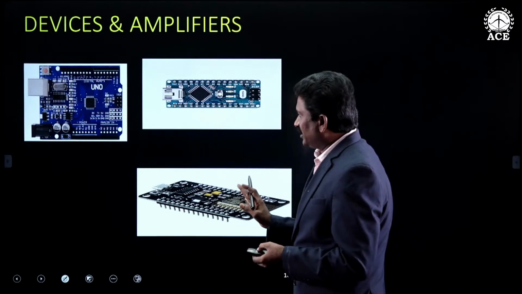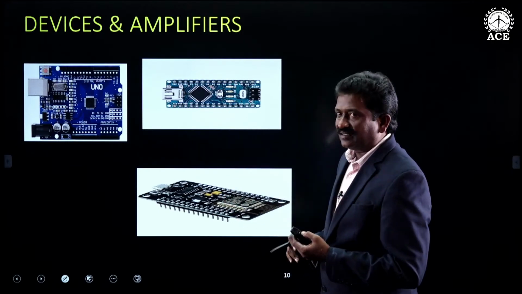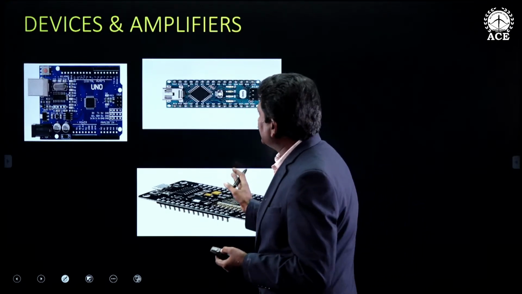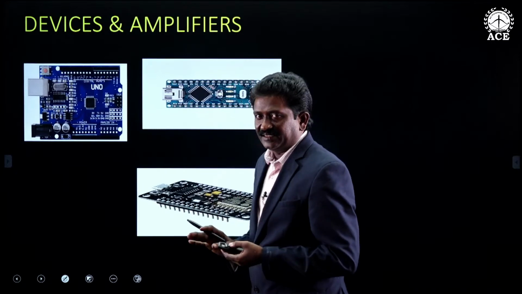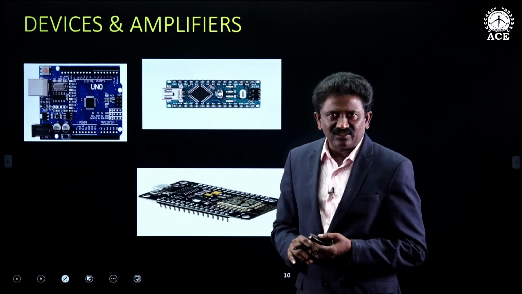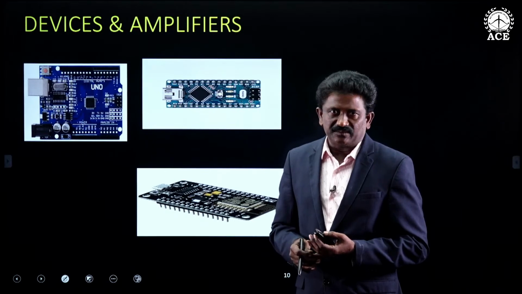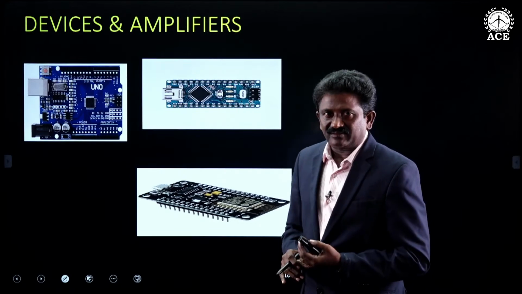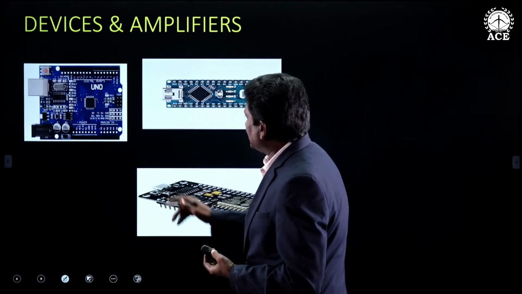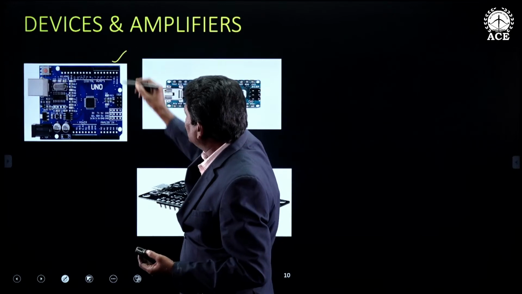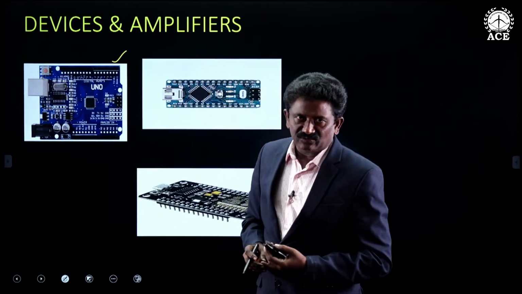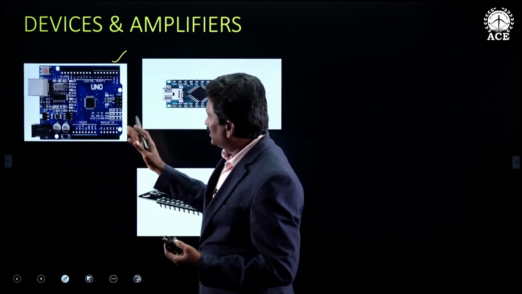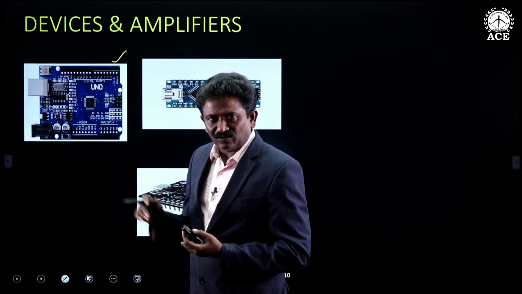So actually here now I am giving some representation of the devices and amplifiers. So actually these are some devices. That means to run any transducer, you should now take in the place of a controller some processor. That means here the first one is the Arduino UNO. So already you know the function of the Arduino UNO. So using Arduino UNO you can connect analog outputs and digital outputs.